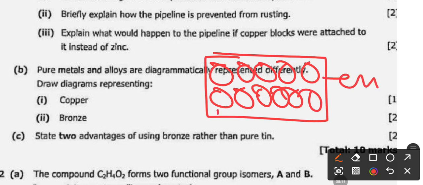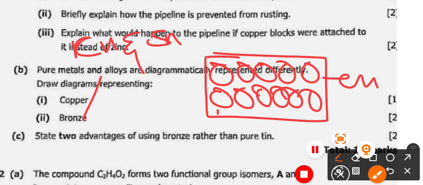So this is copper. Then bronze. Bronze is a constituent of copper and tin. So copper and tin are the ones that constitute bronze.